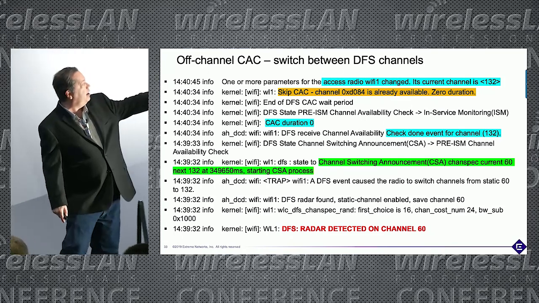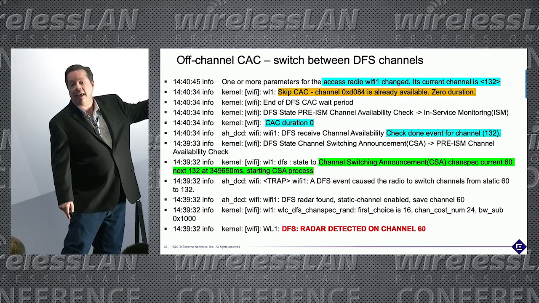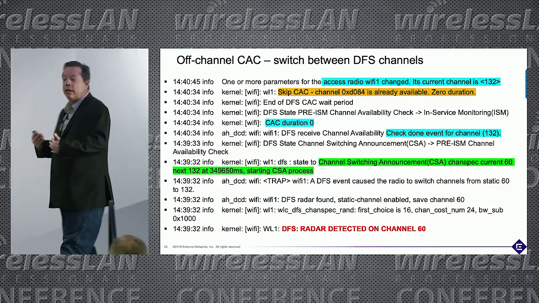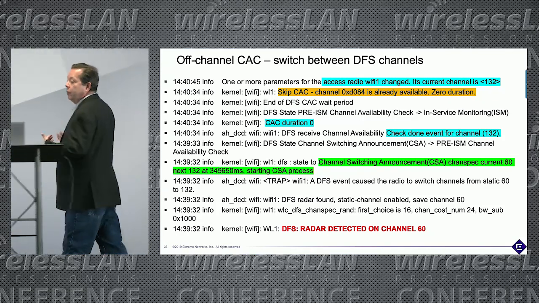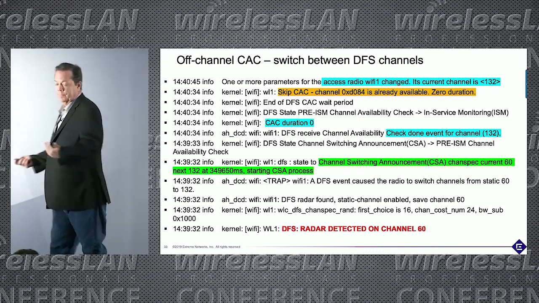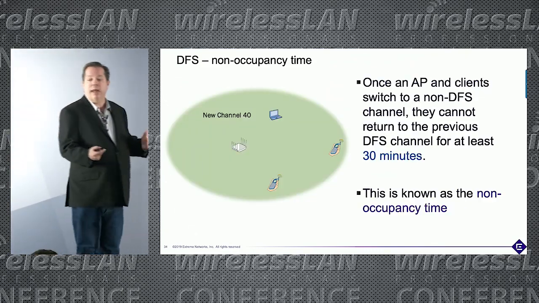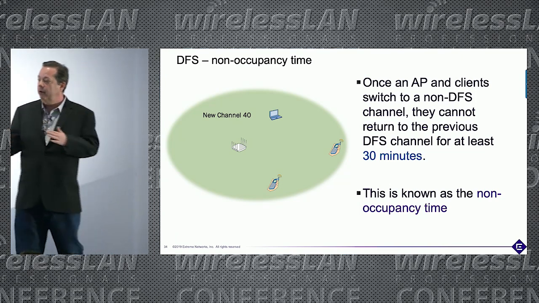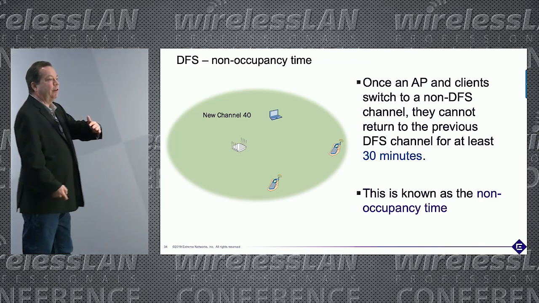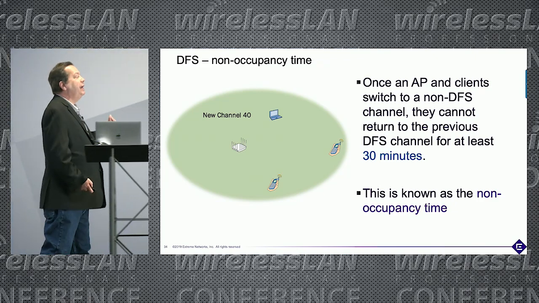At the very top of that screen, it says skip the CAC. It's a zero duration, and we can go ahead and jump to channel 132, which is another DFS channel. But it depends. Very often you'll see them jump to non-DFS channels. If they're going to jump to another DFS channel, there's going to have to be some pre-monitoring.